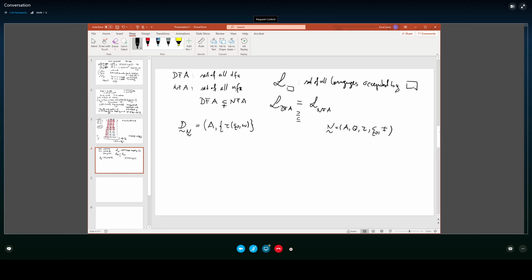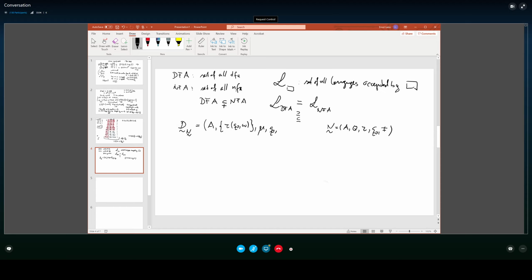The set of states is those sets that we encounter when we start at the initial state and apply systematically words. Q sub 0 is the same.